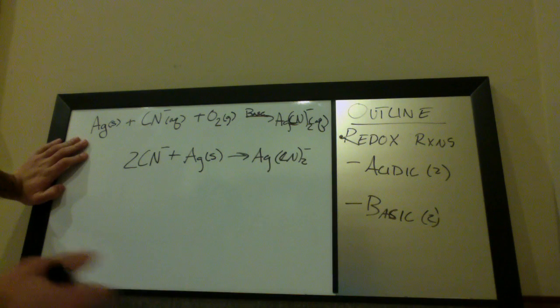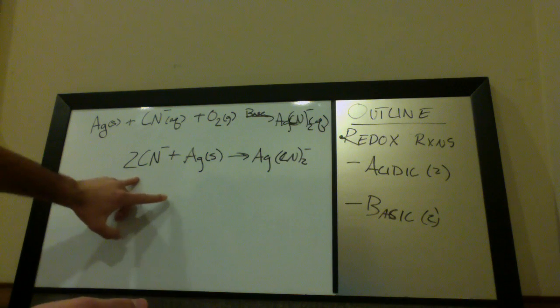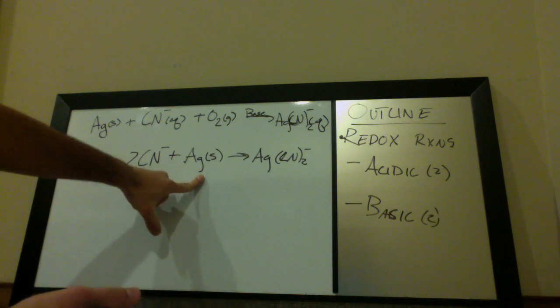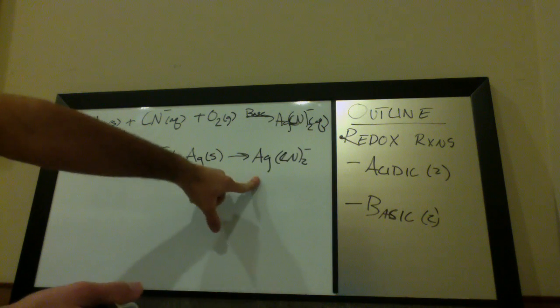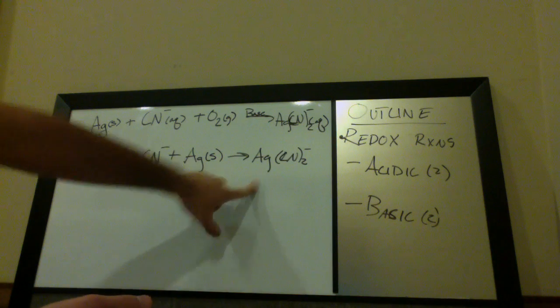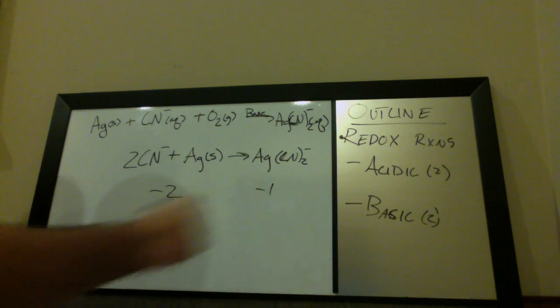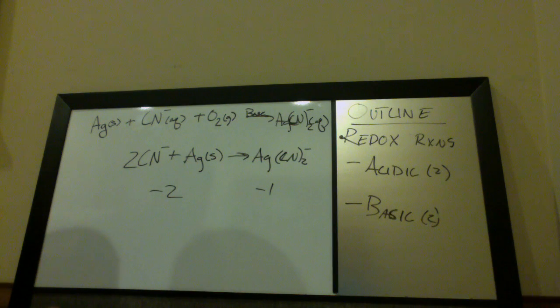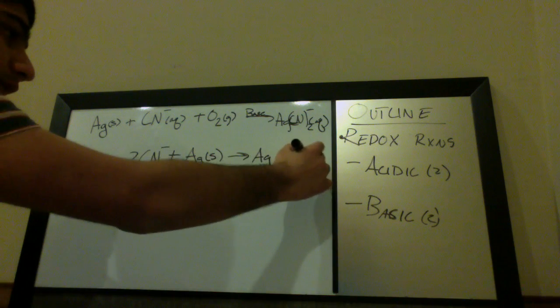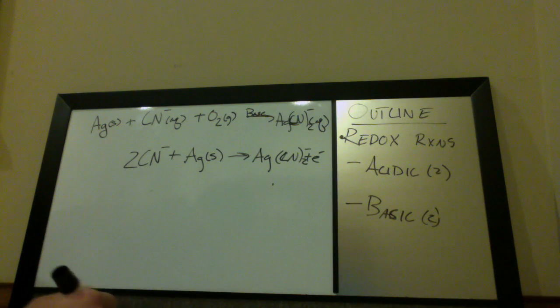My silvers are balanced. I have to balance the charges. I have a -2 charge, a 0 charge, and a -1 charge. So I went from -2 to -1. I lost an electron, so I'm going to put an electron here. And that is one half reaction.